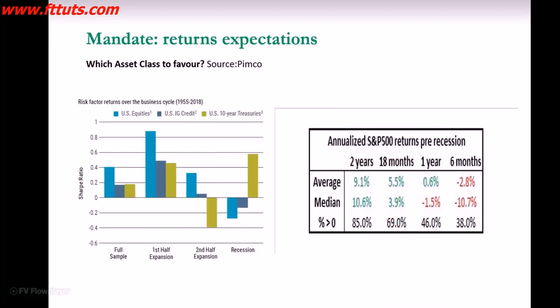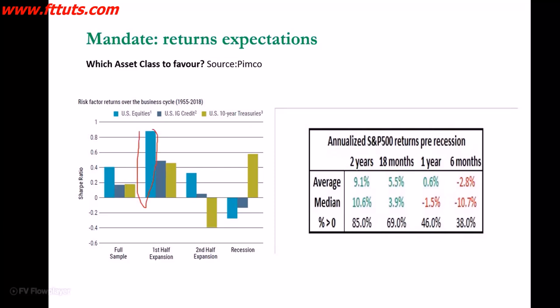Same thing here with the mandate and returns expectations, and from PIMCO, like the previous one. As you see here, depending on where you are in the cycle, you will not be investing in the same asset. So in the first part of the expansion, equities and credit do very well. As we see here, equities do well.